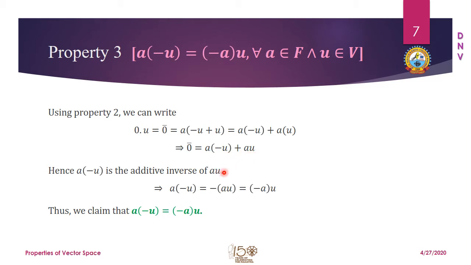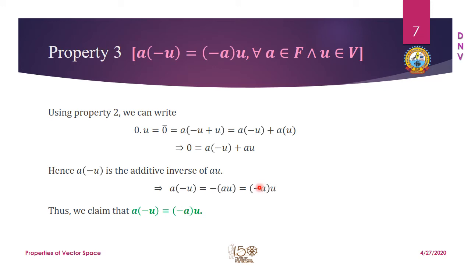Now we know that a times minus u is the additive inverse of au. I can always equate this additive inverse to this one, and using the associativity of real numbers, I can write minus inside and multiply it by a so that it becomes u.